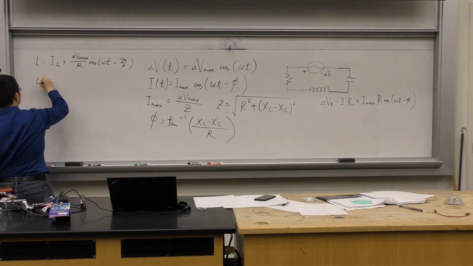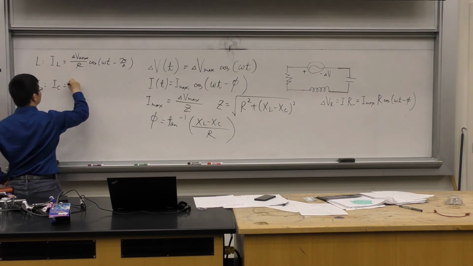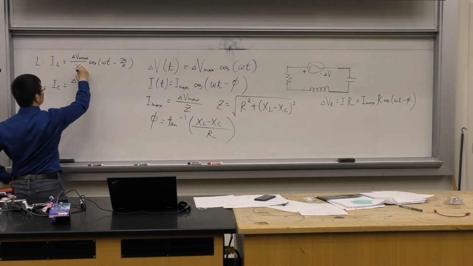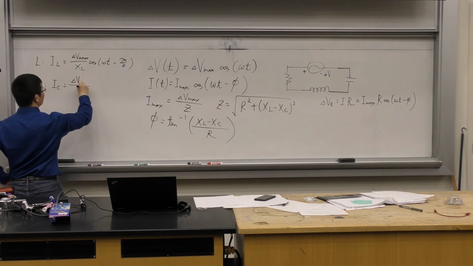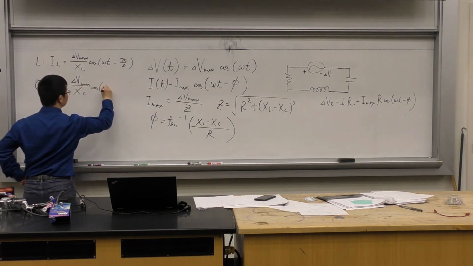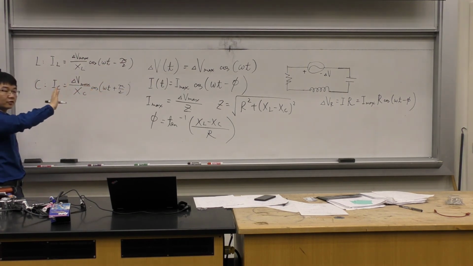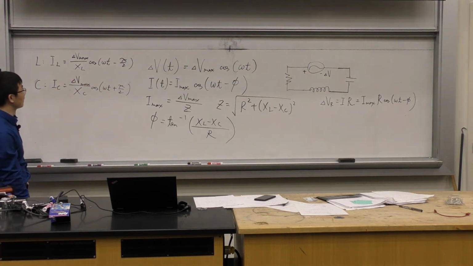And then if you get a capacitor, you will have this Vmax. No, this is not R, I'm sorry. This is XL. This is Vmax over XC, then cosine omega t plus this. So these two equations are also going to be given on the test. You don't need to remember that.